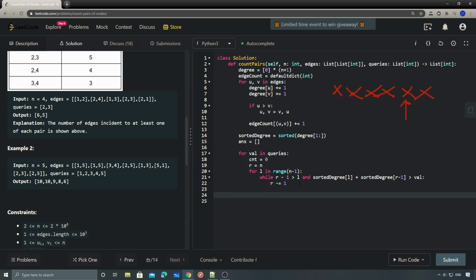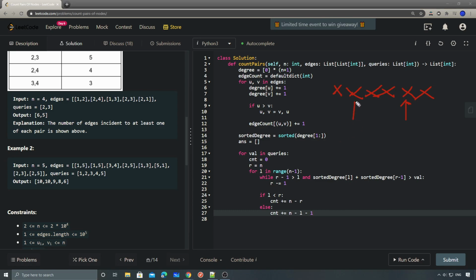And here, if L is smaller than R, it means we have to use the R to get the count n minus R. Else means that we have n minus L minus 1. Let me repeat what I'm talking about here. We have L and R here. If L is here and R is here, then we know we have two pairs for this L, because L cannot move to here.